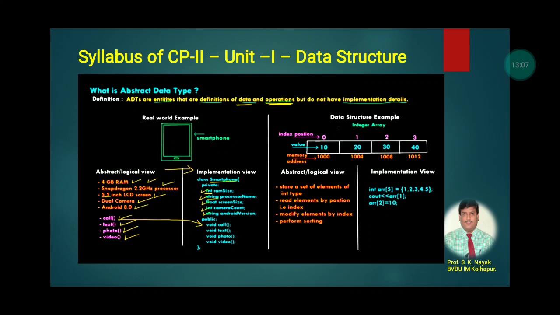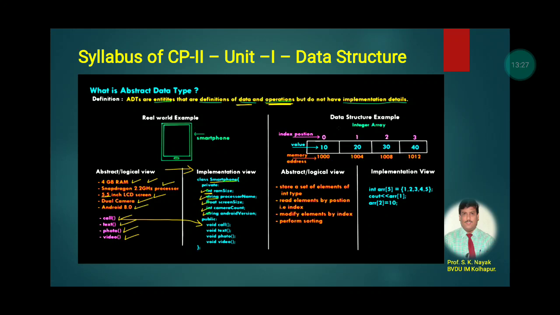In this particular slide you will find a data structures example. Now we are using an array. Array is an abstract data type. When we are using an array, we are not concentrating on the code first. We have to see the storage, a set of elements, how many elements we can store in this array.